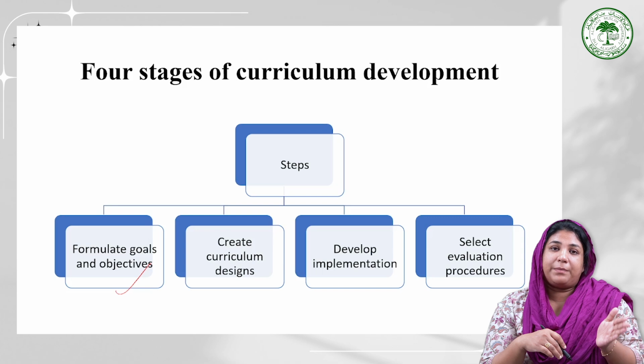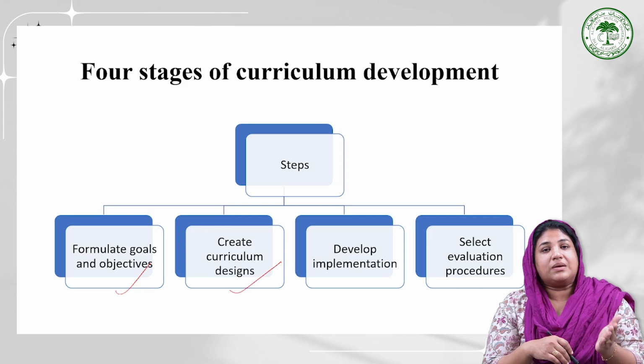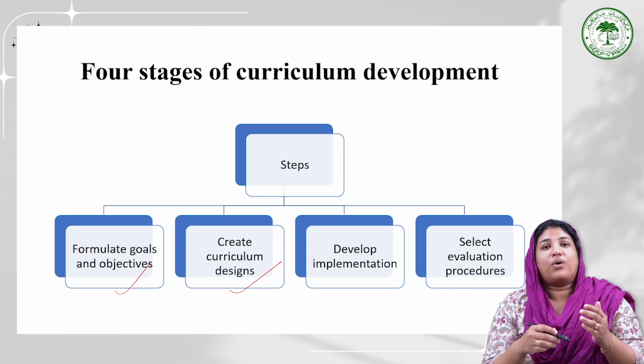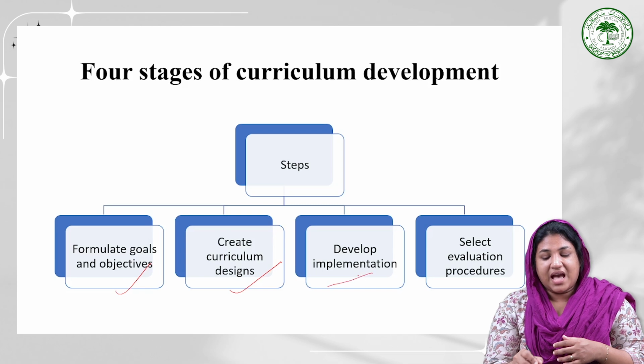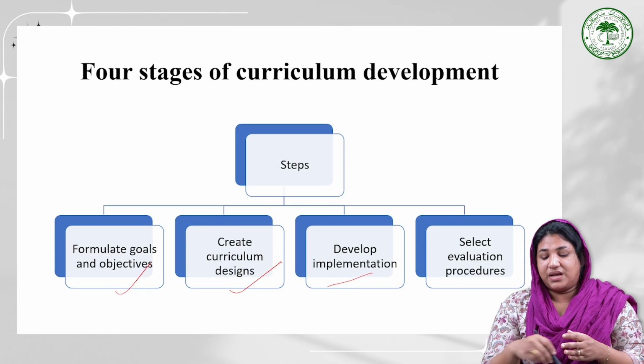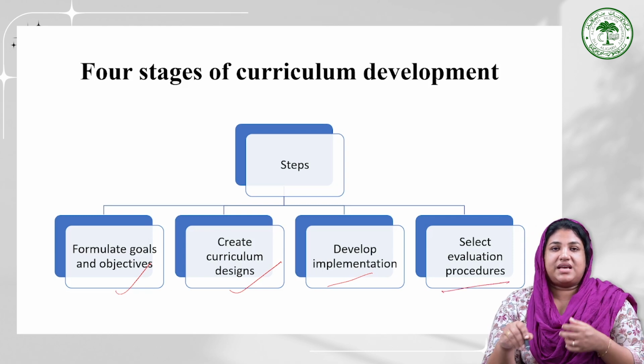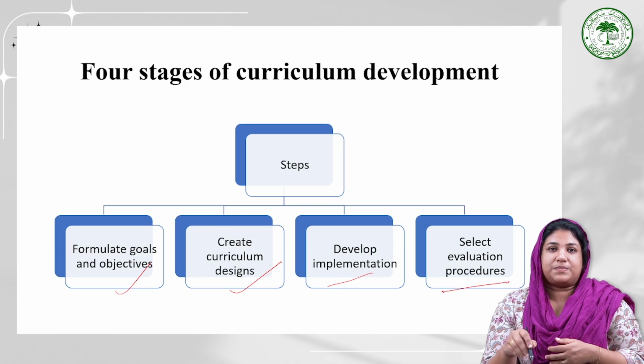After that, depending on the goals and objectives, we can design the curriculum. Once the curriculum is designed properly, only then can we implement it. And after implementation, of course, there is a great need to evaluate it. So these are the 4 steps of the Saylor and Alexander model of curriculum, which is made through the administrative model.